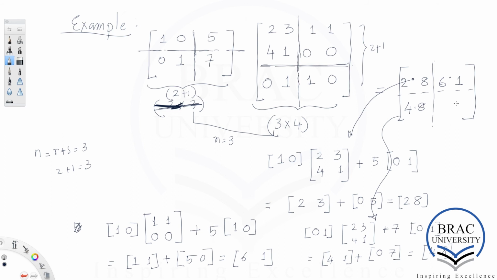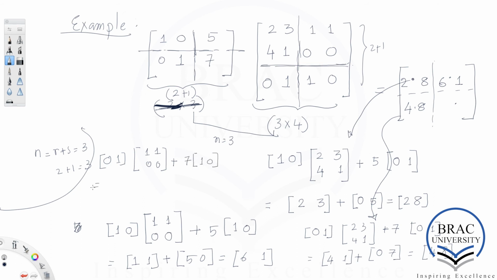Finally, we need to find this block. So let me do the calculation here. Again, you have 0 1 getting multiplied with 1 1 0 0 plus 7 times 1 0.